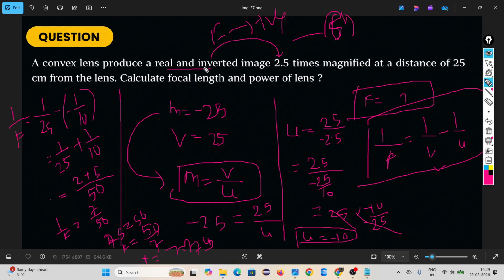And if real and inverted, the image is always created on the right hand side. That's why I took the image distance as positive. Then I found u. Then applying the lens formula, I found f. Have you any doubt or not? Understand.